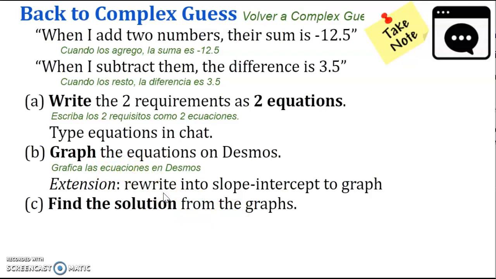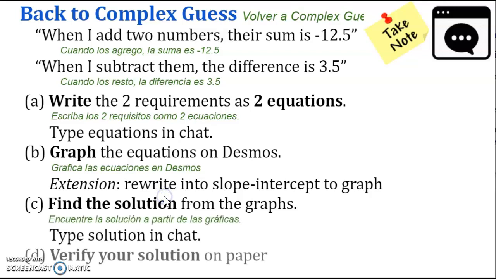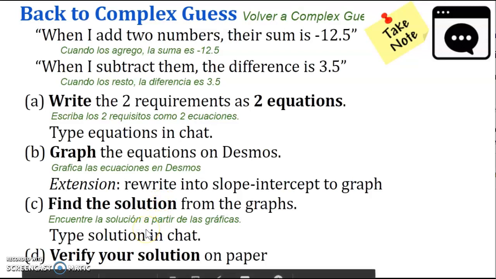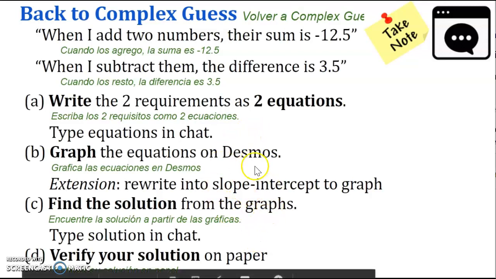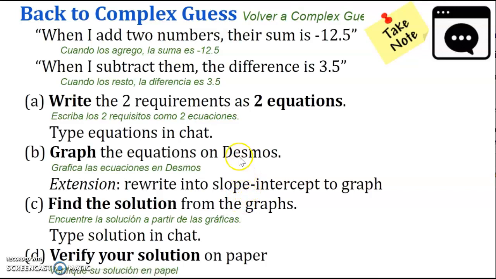Find the x value, find the y value, and put that in the chat and then verify your solution on your paper. That's checking by substituting back into the original equations, making sure that they are correct. So please pause the video and see if you can do this yourself, because the answers are going to be shown in 3, 2, 1.